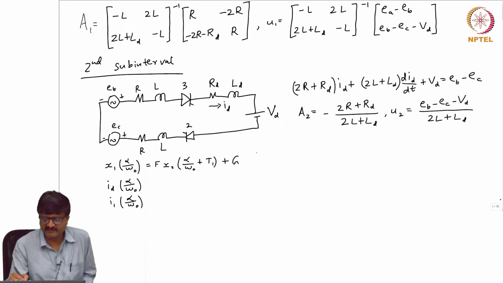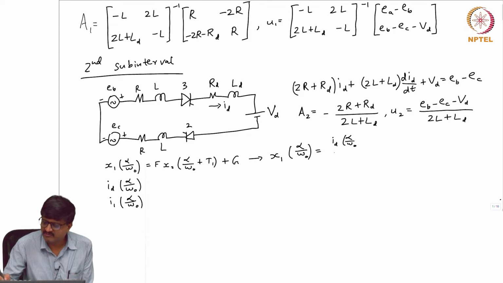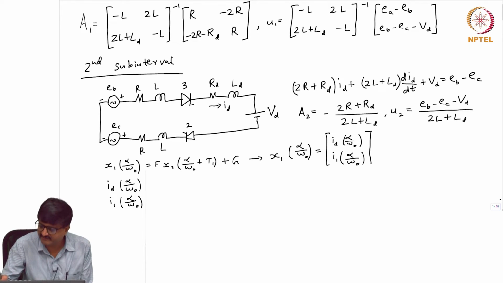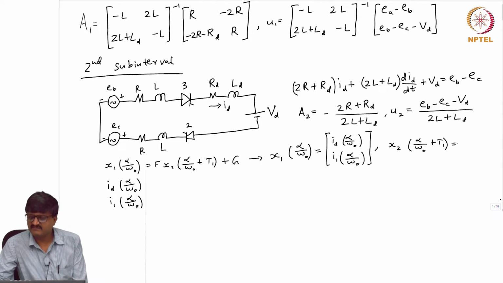Here in this equation, x1 at alpha by omega O is nothing but ID at alpha by omega O, I1 at alpha by omega O. And x2 at alpha by omega O plus T1 is what? ID at alpha by omega O plus T1.